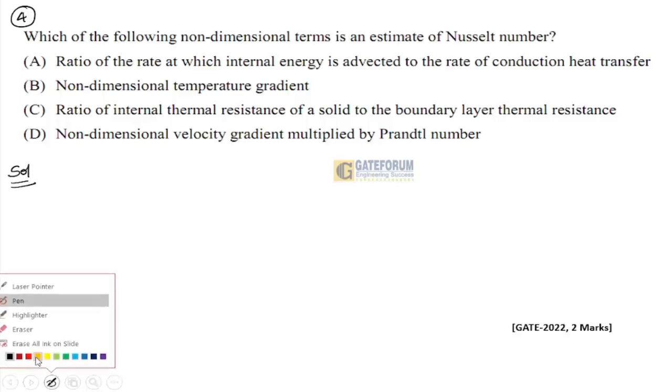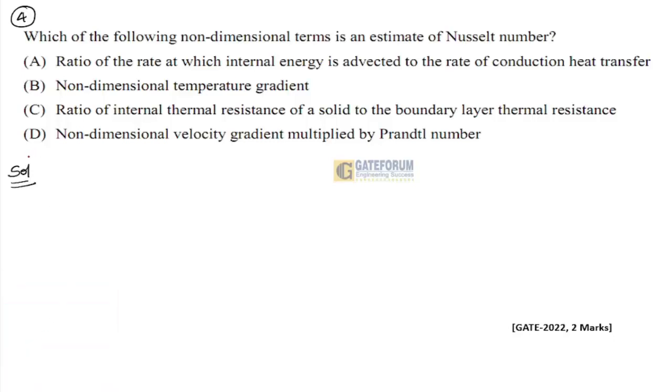Generally, the Nusselt number Nu is the ratio of convective heat transfer to conductive heat transfer, where convection includes both advection motion and diffusion.